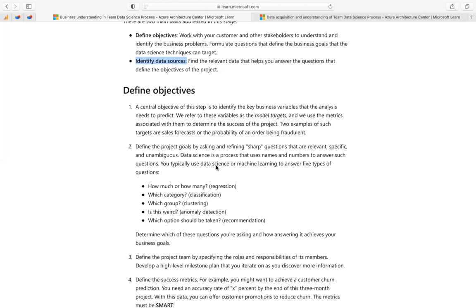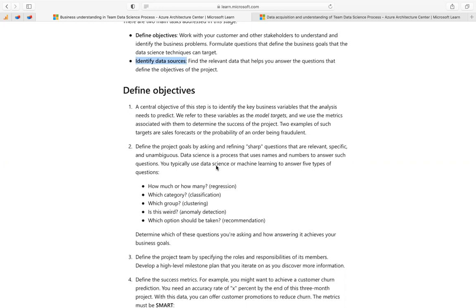So for example, here the person was trying to target the sales forecast. The person wants to be able to predict the sales in the next few months, few days, few years. That's the sales forecast.